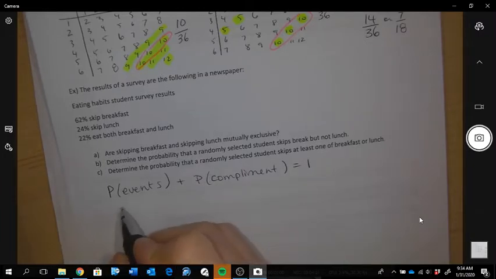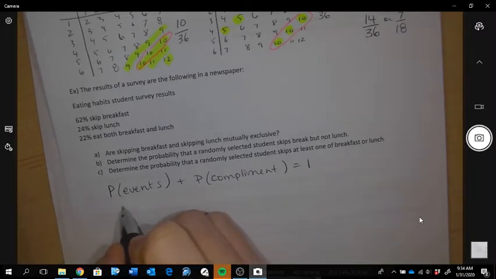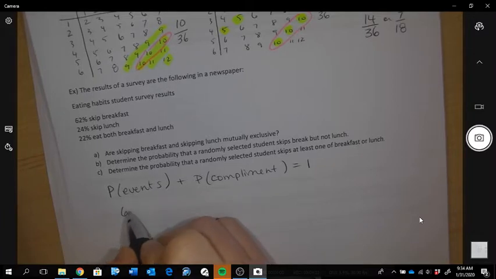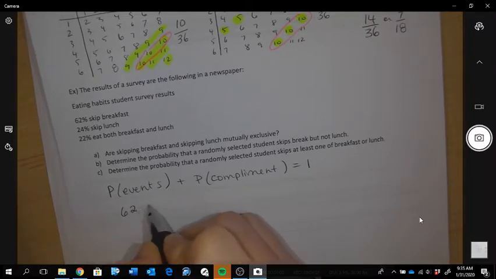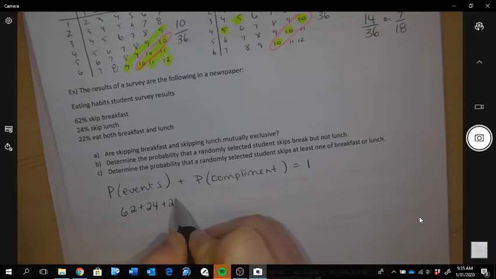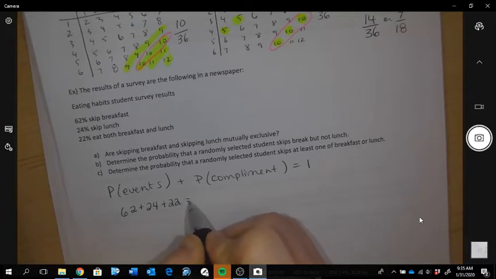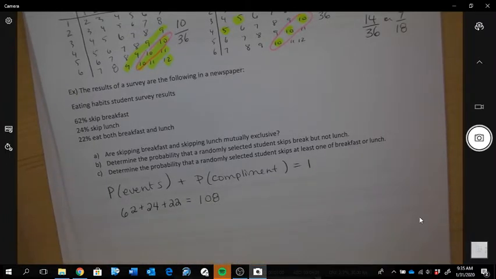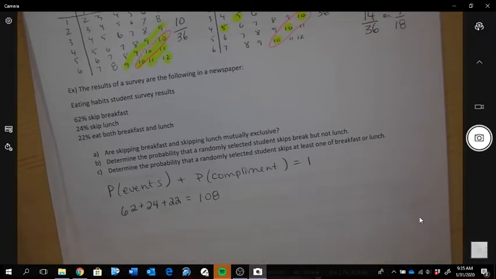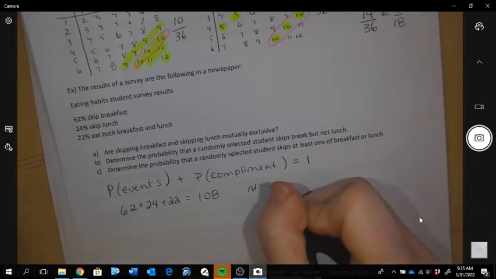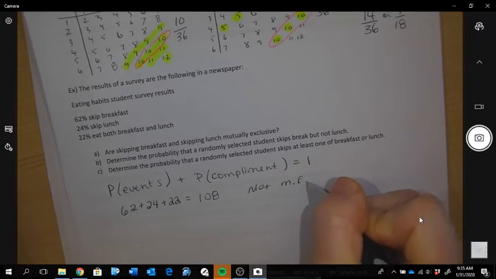So the probability of the events happening is 108. So this is not mutually exclusive.